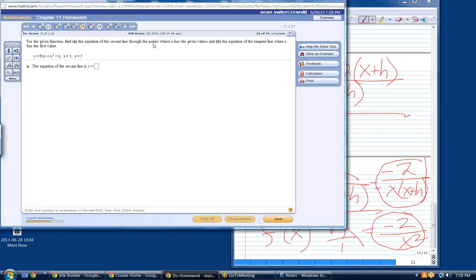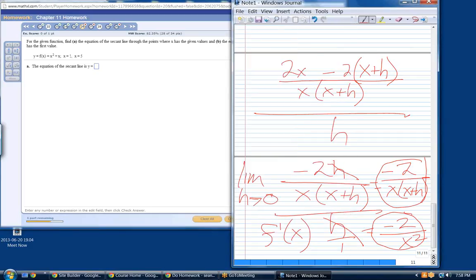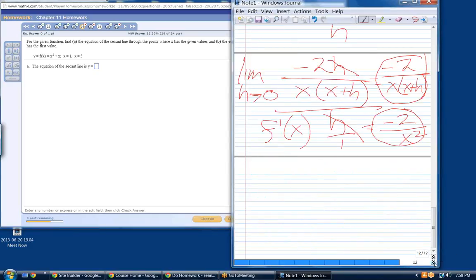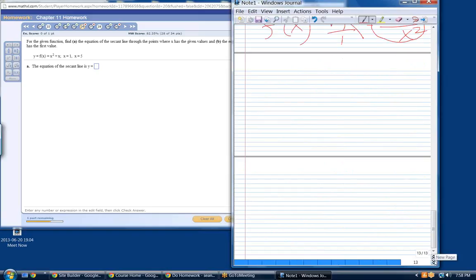Find the equation of the secant line through the points where x has the given values, and then the equation of the tangent line when x has the first value. This graph's something like that.